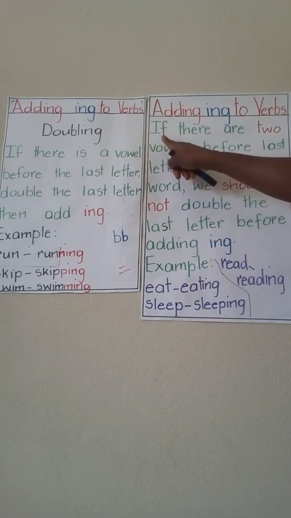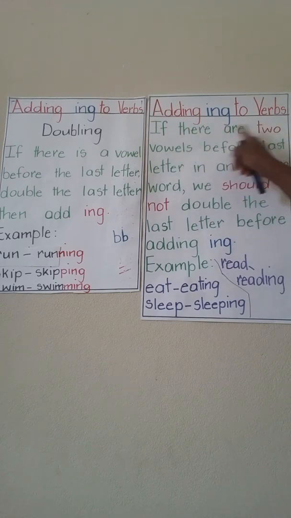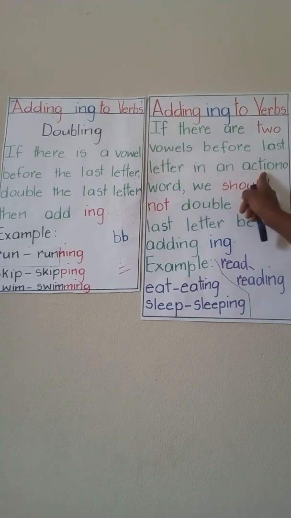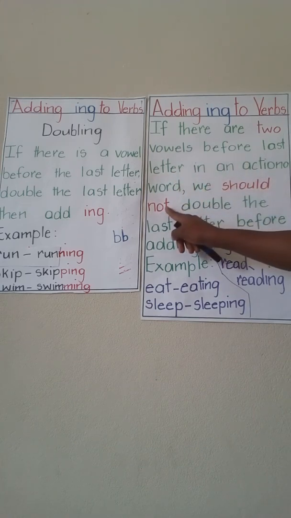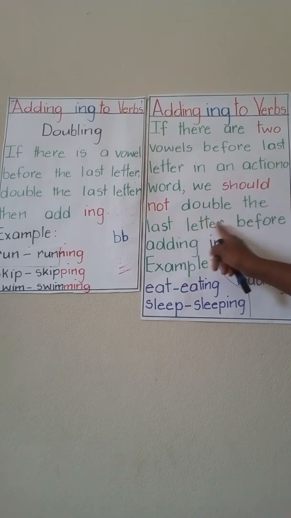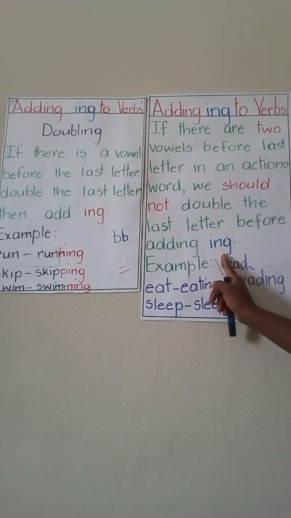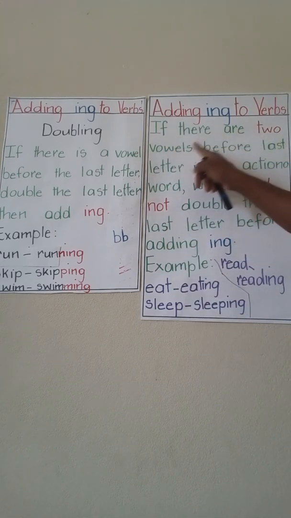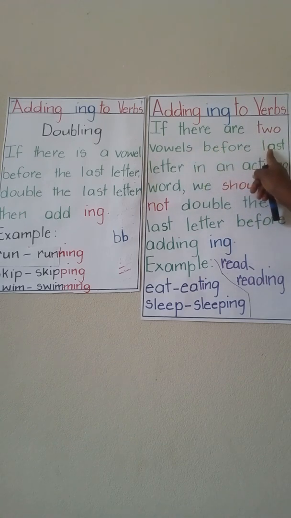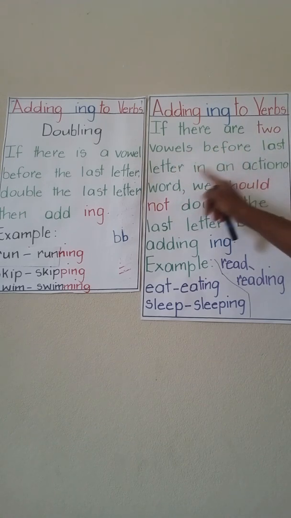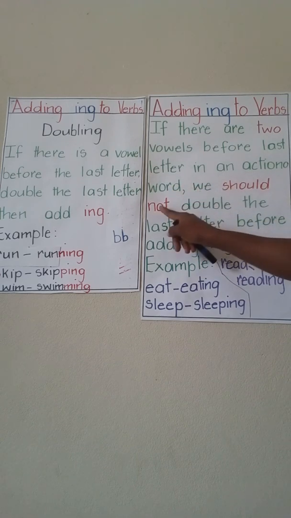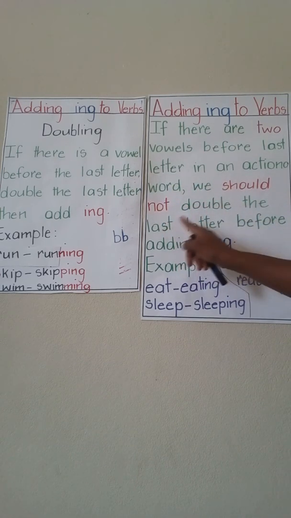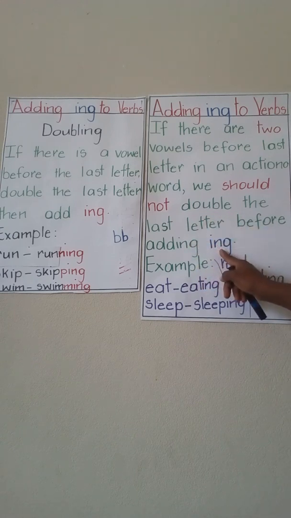The rule says if there are two vowels before the last letter in an action word, we should not double the last letter before adding ing. Let's read the rule again. If there are two vowels before the last letter in an action word, we should not double the last letter before adding ing. And here are some examples.